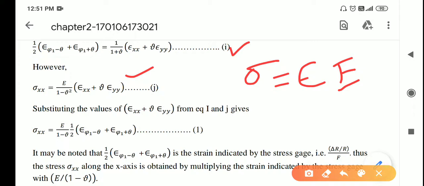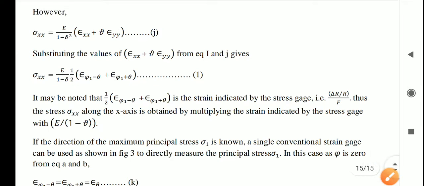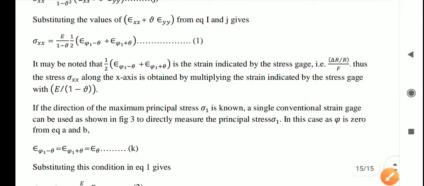So if you want to determine the stress, you require the strain values of that gauge, which is called a stress gauge, and you require the properties Young's modulus and nu, the Poisson's ratio value. Just by that you are going to get the stresses.